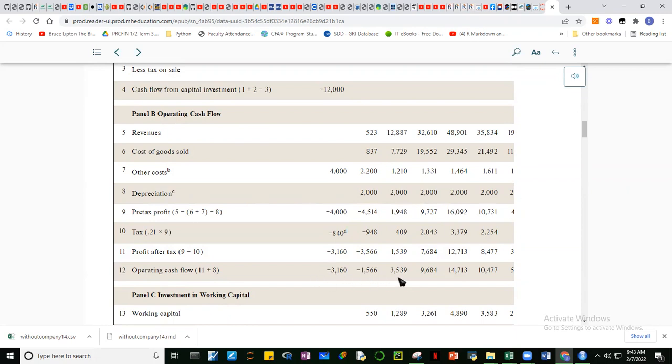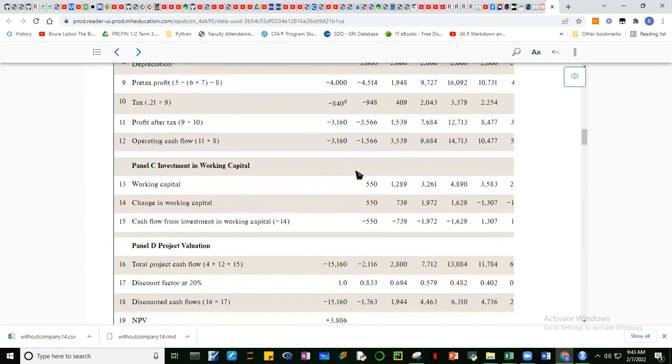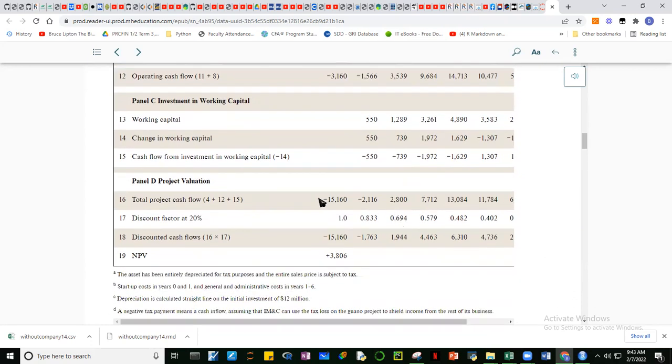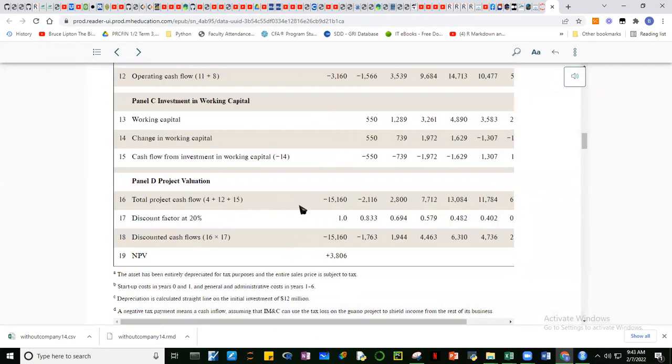Okay, so you now have this operating cash flow, and then you also take a look at the working capital, the investment in working capital. Then you combine all of these three, so you now have your project cash flows. It's the projected cash flows by adding the initial investment, the operating cash flow, and the investment in working capital.